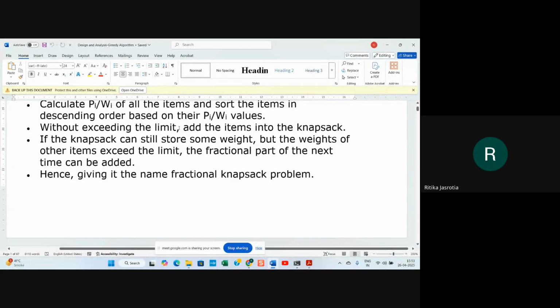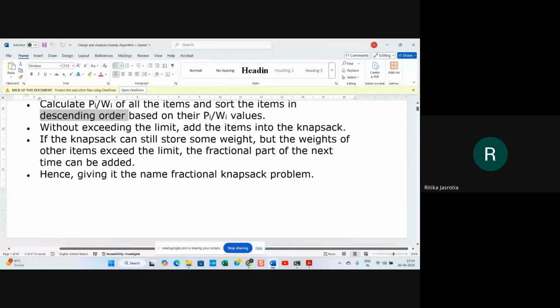Without exceeding the limit, add the items into the knapsack. If the knapsack can still store some weight, but the weights of the other items exceed the limit, the fraction part of the next item can be added. So we will keep on putting, first we take the highest value because we have put it in descending order. Descending order means the highest first, then the next lower, then next lower, and the lowest last.